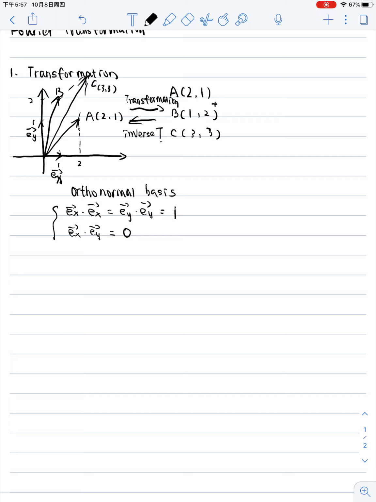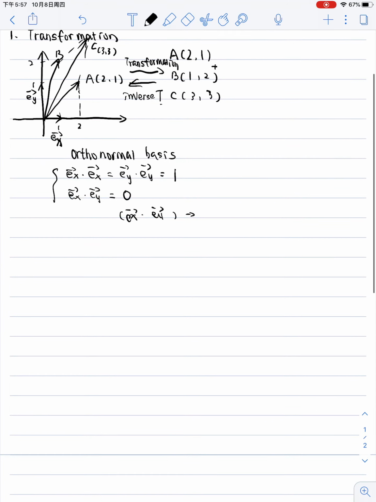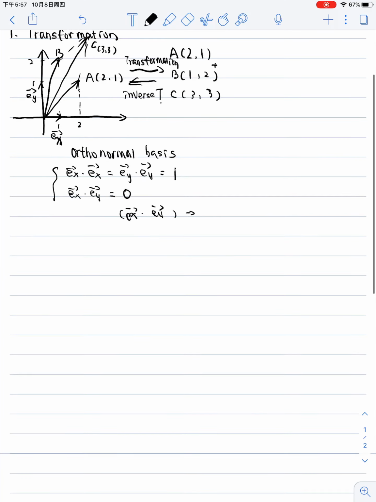So the dot product is 0, and EX, EY is called an orthonormal basis. We use the basis to represent any vector, and it can make the expression for other vectors simpler, because we use the orthonormal basis.